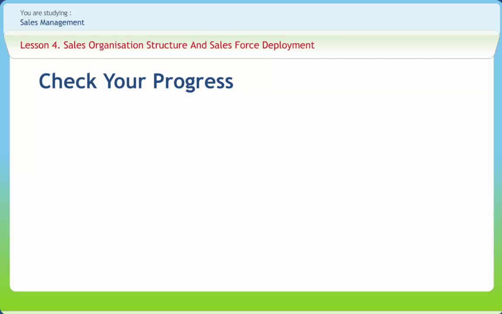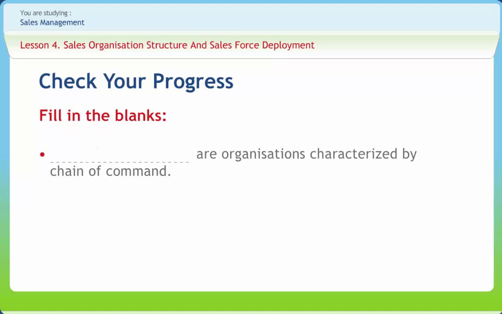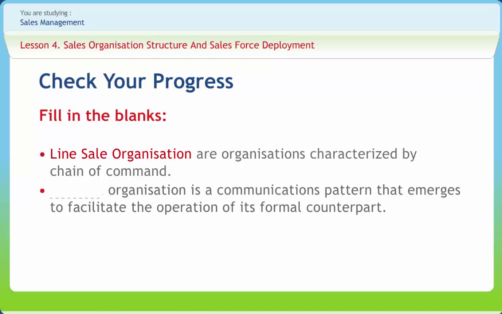Now let us check if we have understood the various concepts discussed in this lesson clearly. Can you say which organizations are characterized by chain of command? Line sale organization. Which organization is a communications pattern that emerges to facilitate the operation of its formal counterpart?